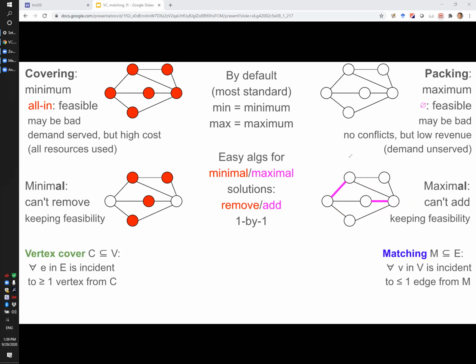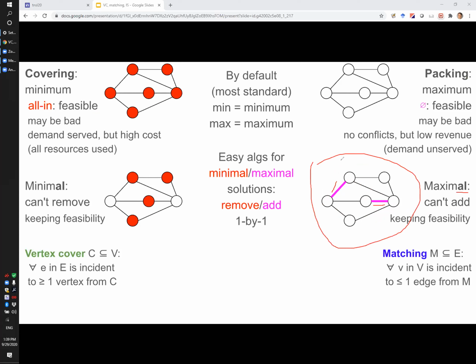Thus, these 2 edges are a maximal matching in this graph. You cannot add anything without removing any of these edges and still keep it a matching.